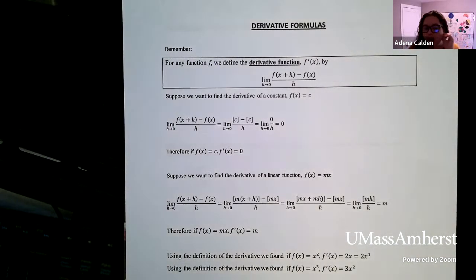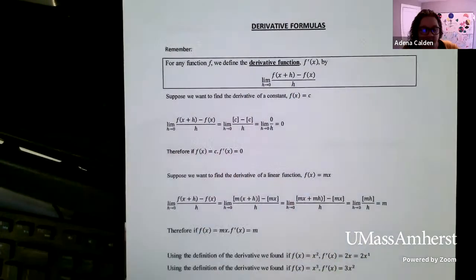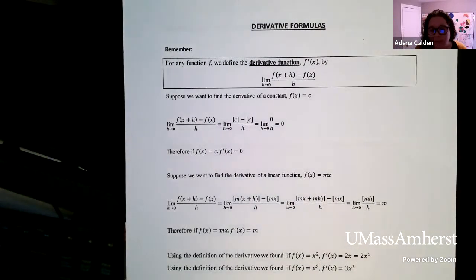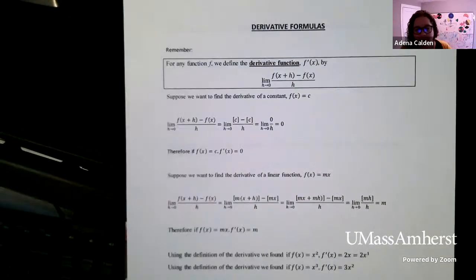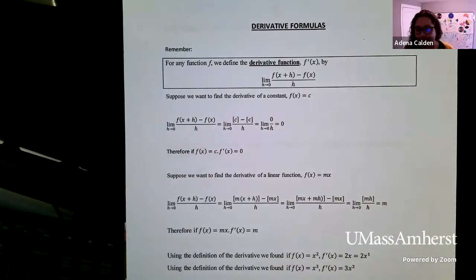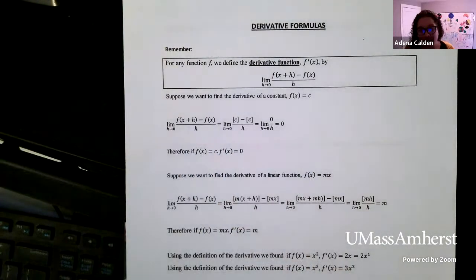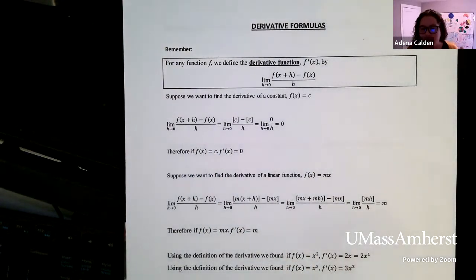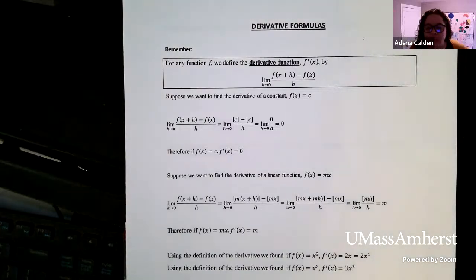And so in the background, what was happening is we were finding the derivative function with this limit definition. And so if you apply this limit definition of derivative, which is what we were doing in practice, right? So that's what we were doing when we were computing these rates of change.